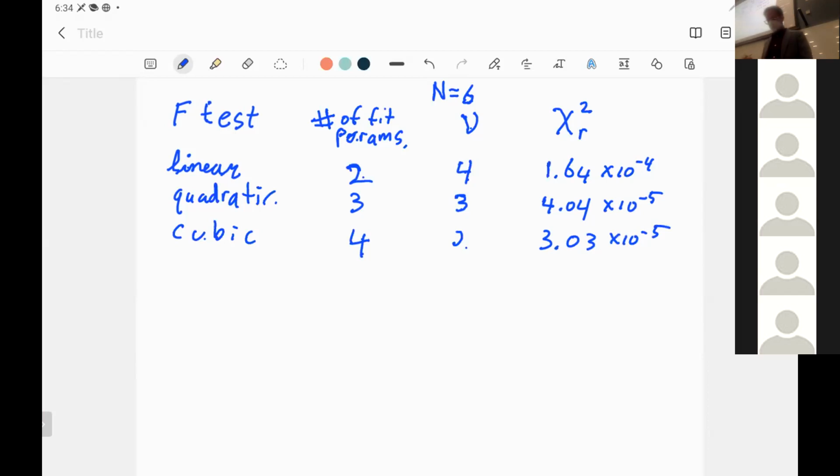Okay, so first, we want to compare the linear fit model to the quadratic one.